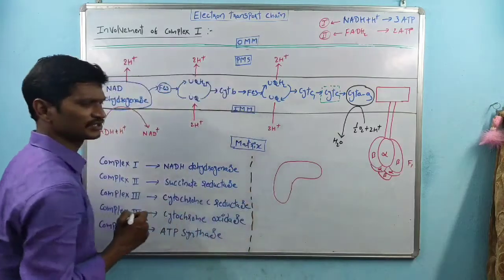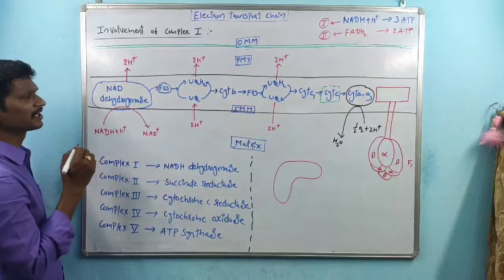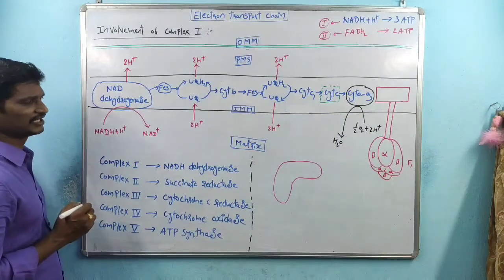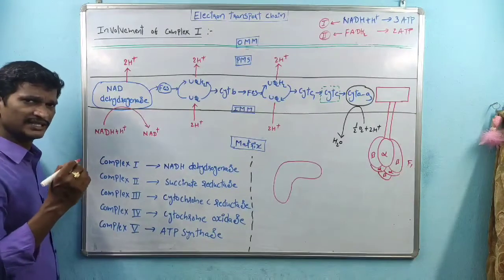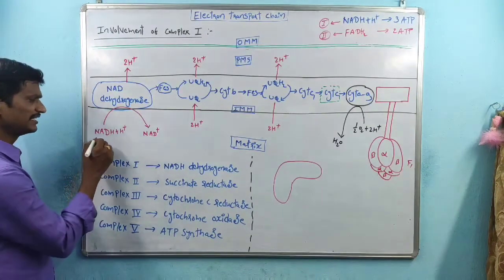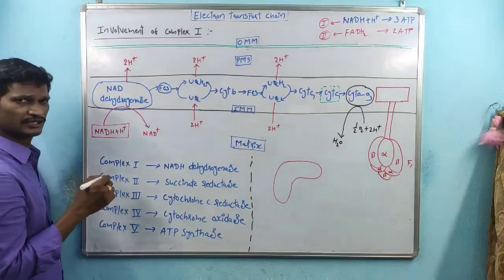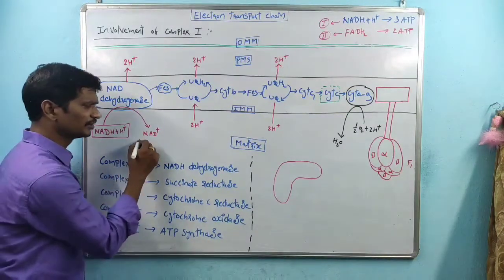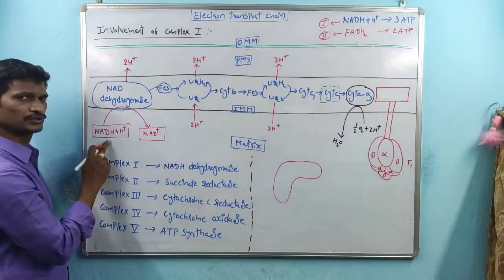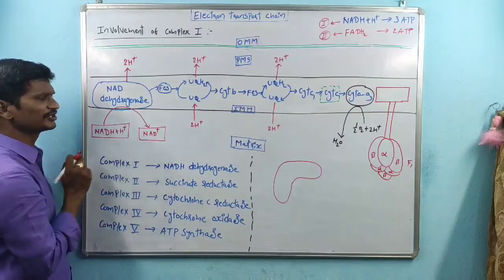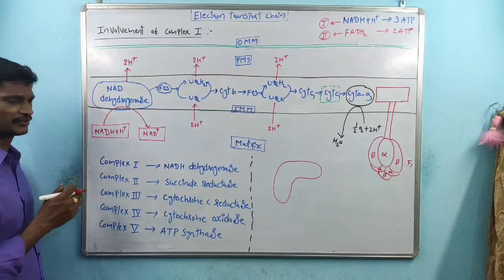Whatever NADH plus H plus the TCA cycle produced donates electrons and is converted into NAD plus. So the high energy compound is converted into a low energy compound by the donation of electrons.